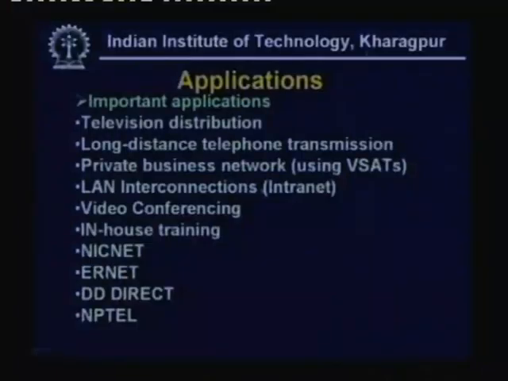So that will allow them to have private business network, or they can set up an intranet where the LANs of an organization in different places can be linked with the help of VSAT antennas to set up an intranet, which we shall discuss in more detail later. And many other applications like video conferencing, in-house training, this can be done with the help of these satellite microwave communication. These are some of the important areas where it is being used.